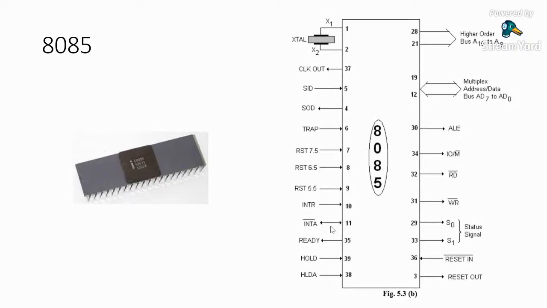Okay, and then we have ready, hold, and hold acknowledge, which are responsible for the external device communication. We have address latch enable, which is also related to the external device communication, fetching data from the memory.